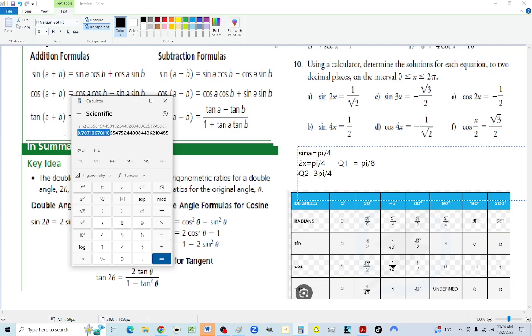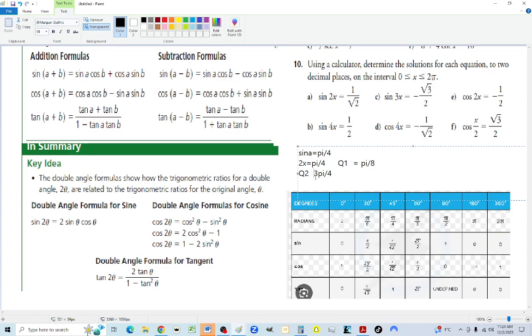That is indeed 1 over square root of 2. So that means this is correct, which means 2x is equal to that. So x is equal to 3 pi over 8. You've got to do the quadrants with the full angle before you convert to x. It's a little bit more complicated than I thought.